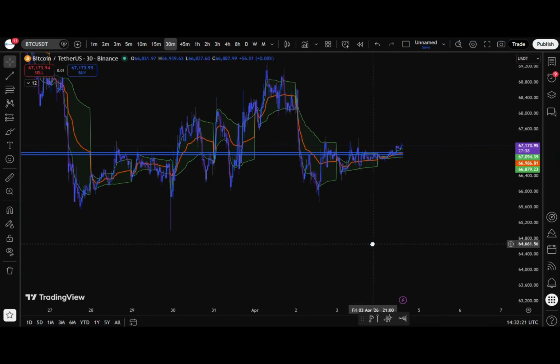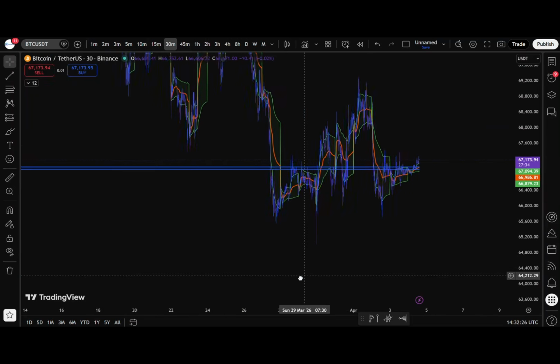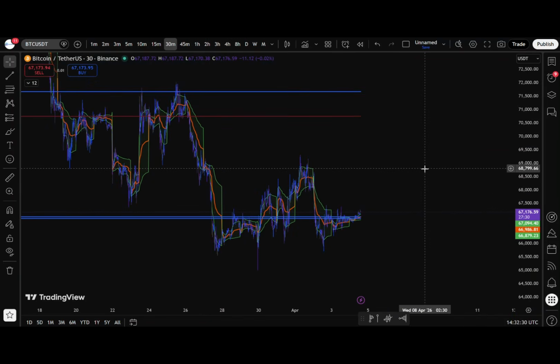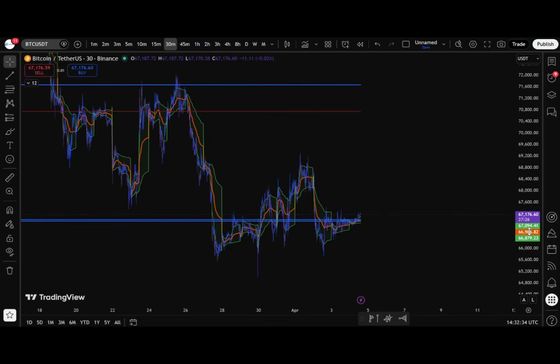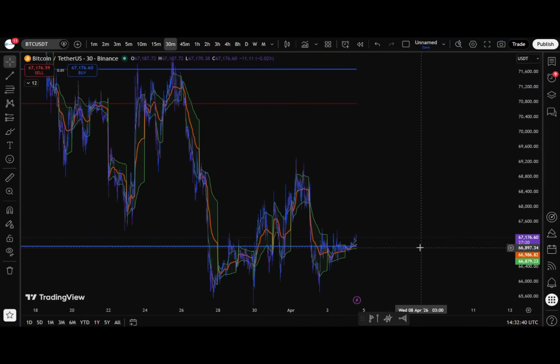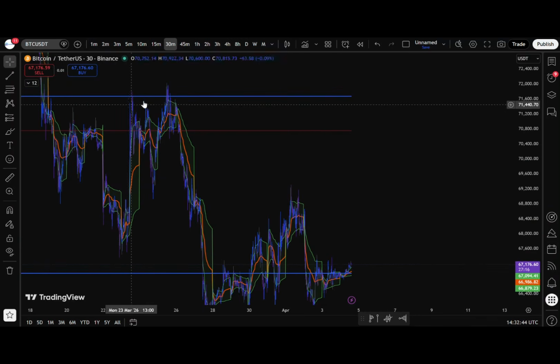It's a bit messy now. We can also see that this area here is actually, what I'll do, I'll get rid of one of these, is the actual value area low of the bigger range.